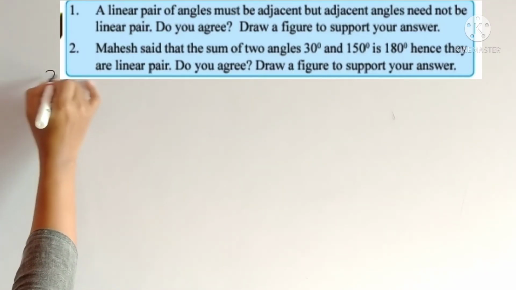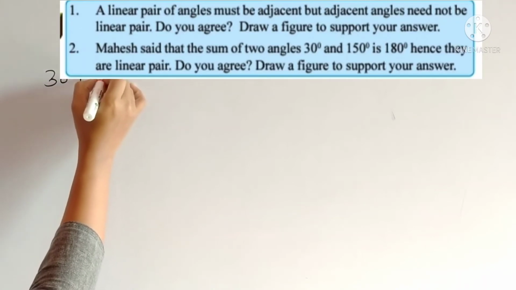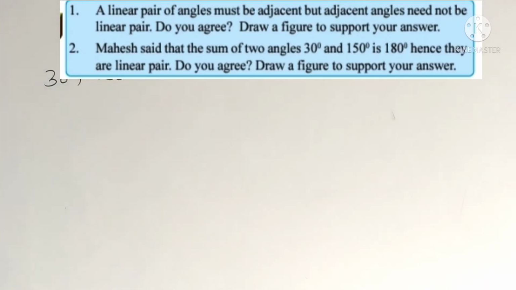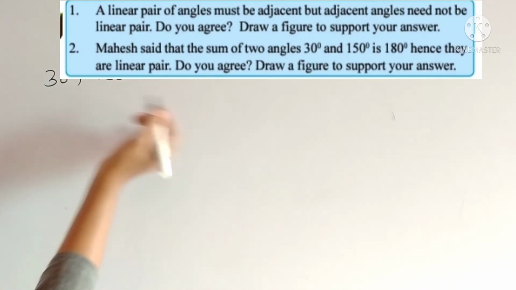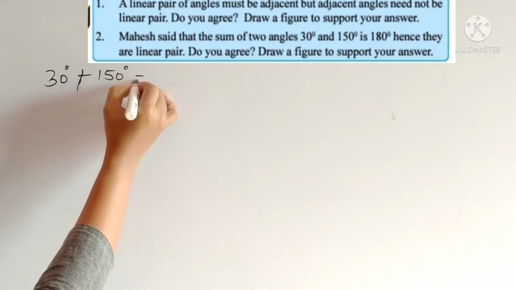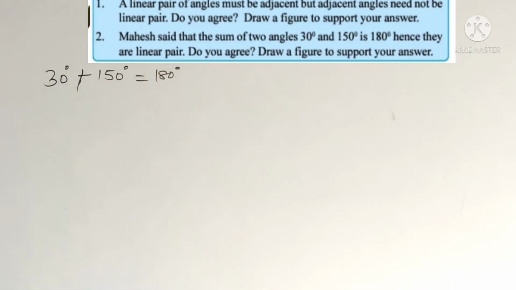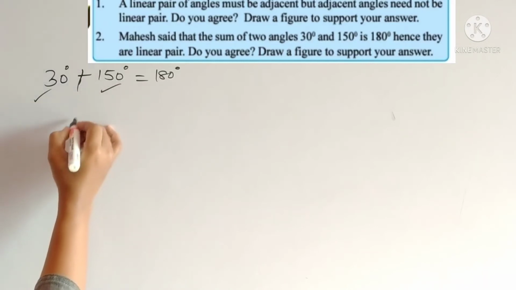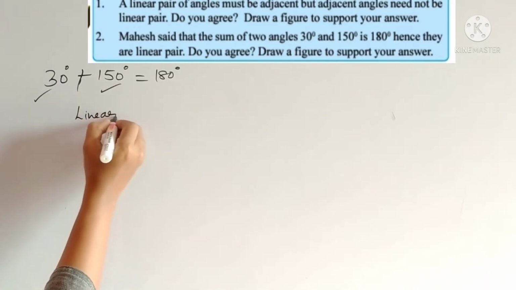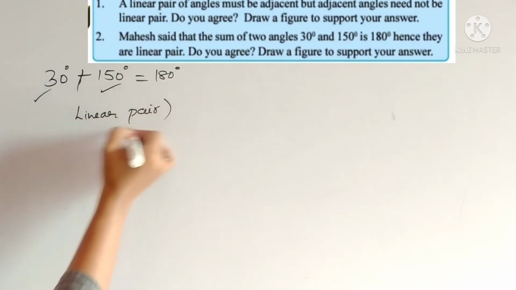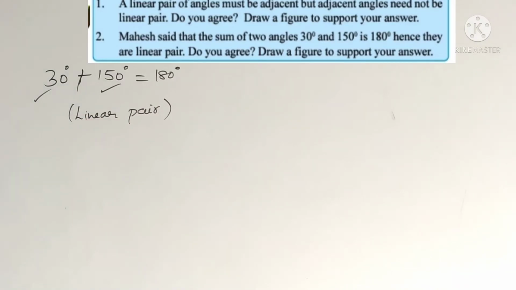So here a 30 degrees angle is there and a 150 degrees angle is also there. If we add these both, we get 180. So this 30 and 150 are a linear pair, Mahesh is saying. Do you agree? Justify your answer.